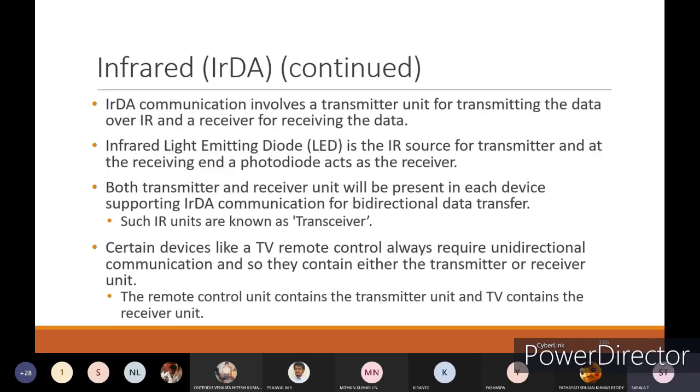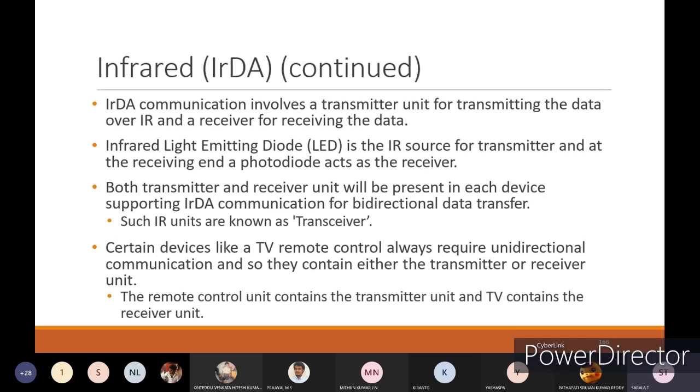This infrared communication involves a transmitter unit for transmitting the data over IR, and a receiver for receiving the data. An infrared light emitting diode is the IR source for the transmitter, and the photodiode acts as the receiver.